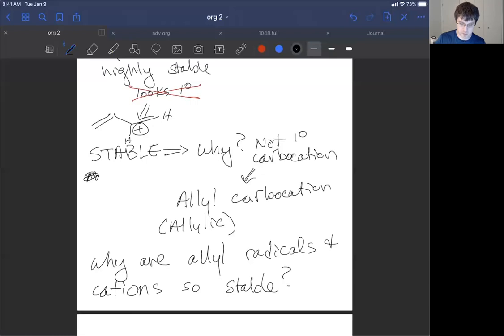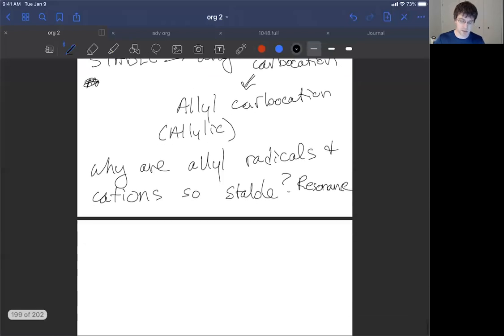Well, one of our favorite answers, and by we, I mean organic chemists, is the idea of what's called resonance. Okay, so we're going to start talking about resonance a tiny bit in this lecture, but then we're going to pick it up, and it's actually going to be the focus of one of the computational labs, is thinking about resonance structures.